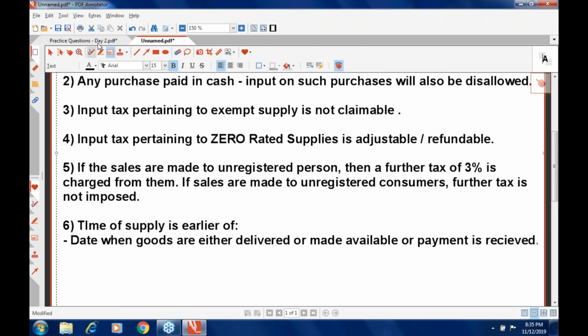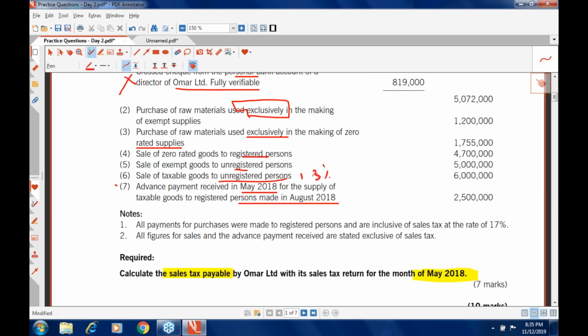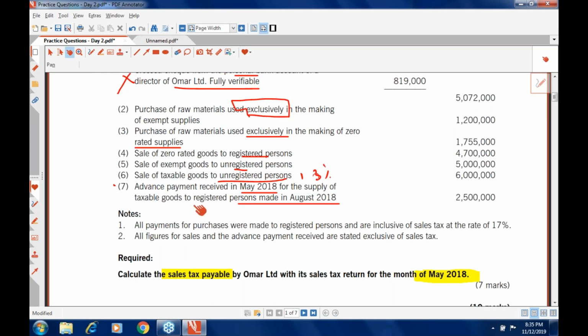That's what is considered to be the time of supply. So here, if you have received an advance, the advance would actually mean that the supply has been made.